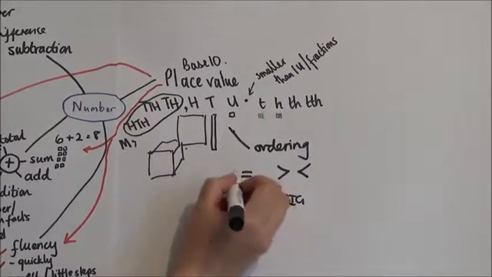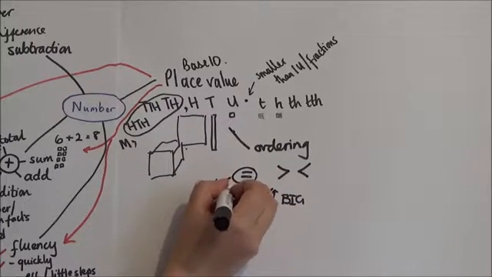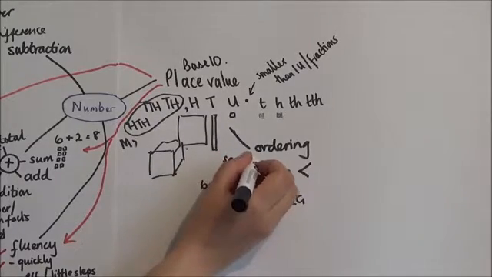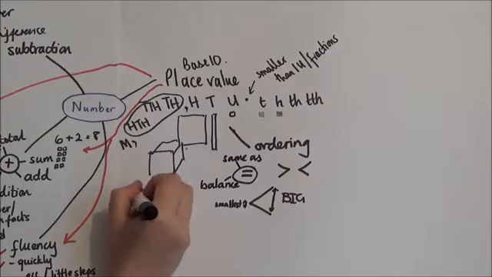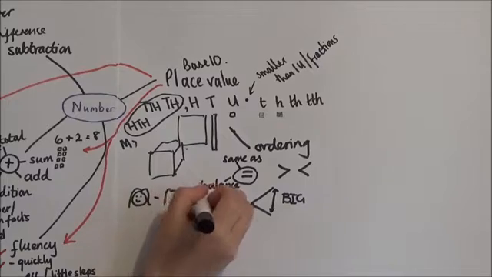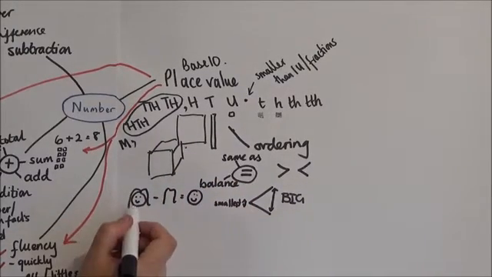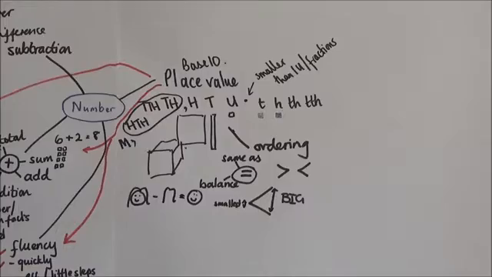We said that equals was a balance. It meant the same as. So I'll do my quick picture the children at school did of Mrs. Williams minus her hair, so a reduction of her hair is the same as a bald Mrs. Williams.